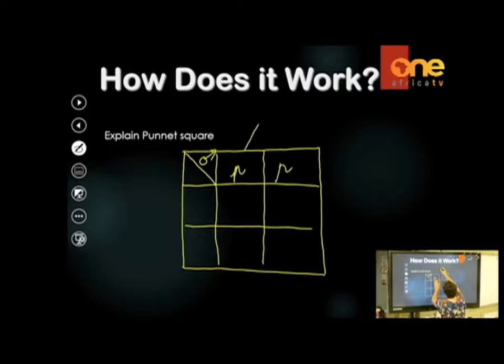I separate this because I know on a gamete there will not be two but only one of the genes. And because it's in a gamete, I make a circle. But the other gamete will also have a small p.